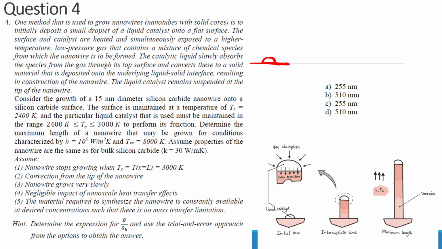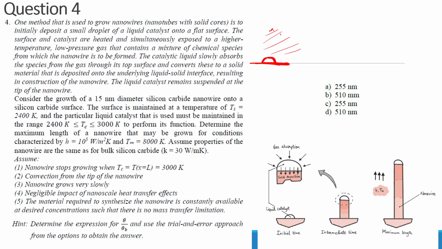The surface and the catalyst are heated and simultaneously exposed to a higher temperature, low pressure gas that contains a mixture of chemical species from which the nanowire is to be formed. So this is exposed to a low pressure gas that contains the mixture of gases, which will be ultimately deposited in order to form the rod.